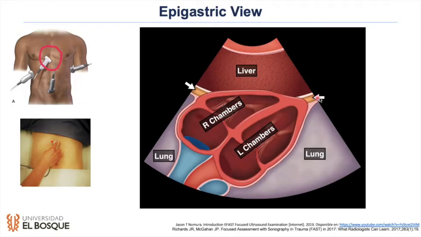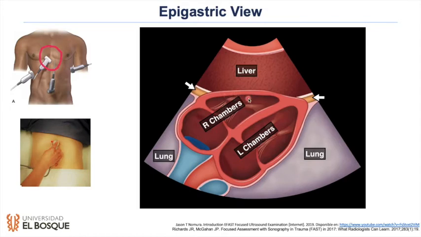So what are you going to see? This is an illustration that for me is better for the understanding of the anatomy. You're going to see the heart, the pericardial region, some of the liver, and also the lungs, but the lungs are not going to be seen very clearly. So for example, if you have a hemopericardium or a cardiac tamponade, remember that the liver is going to act as an acoustic window to the heart.